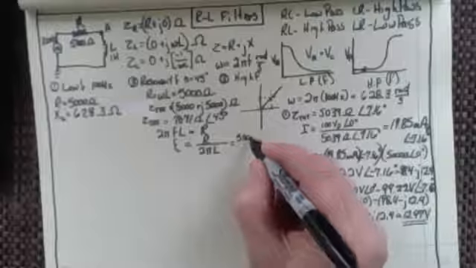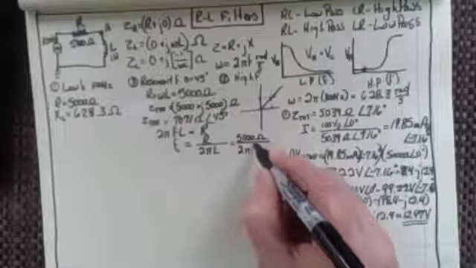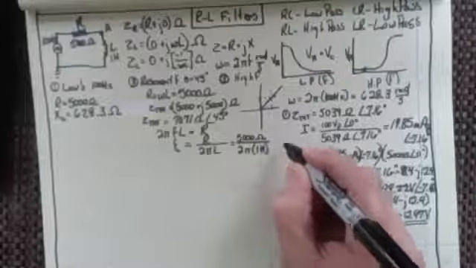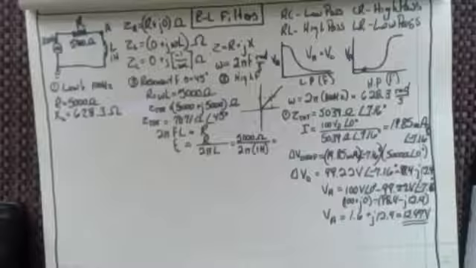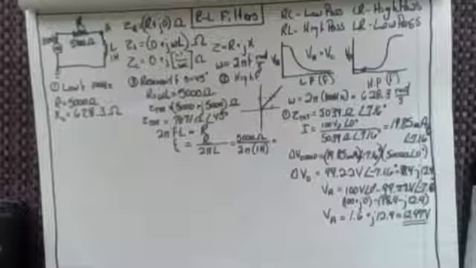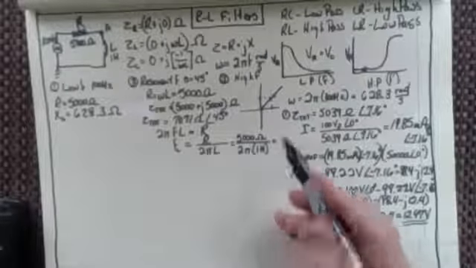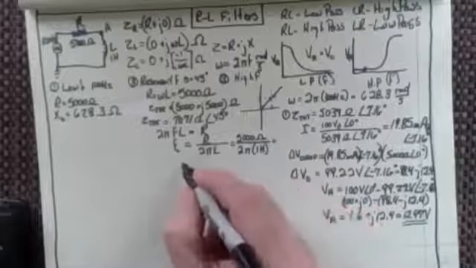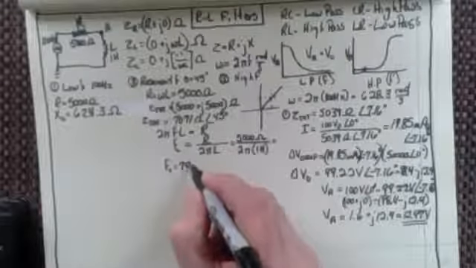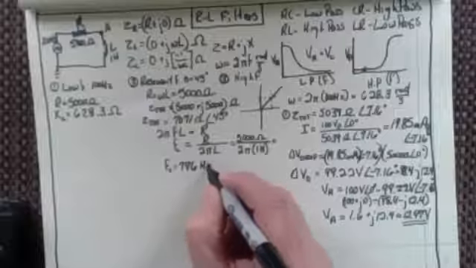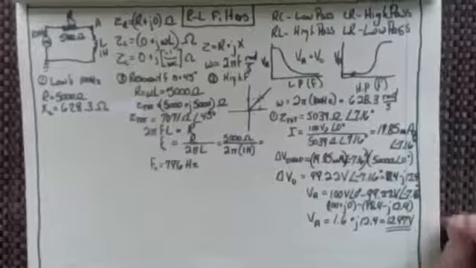So I've got 5,000 ohms, and I want to divide that by 2 pi times 1 Henry. 5,000 divided by 6.283 equals 796 hertz. So my cutoff frequency here is 796 hertz. That's a very special frequency at which those two are going to be equal to one another.